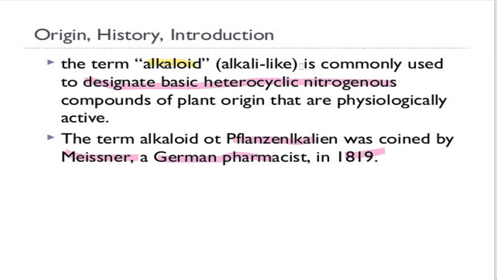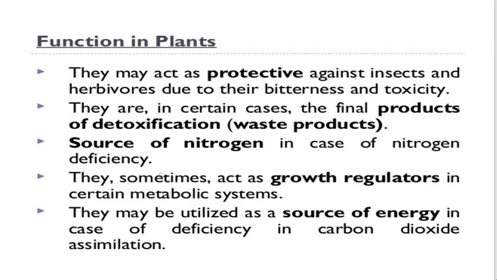So what is an alkaloid? Alkali-like: a compound used to designate the basic heterocyclic nitrogenous compounds of plant origin that are physiologically active.